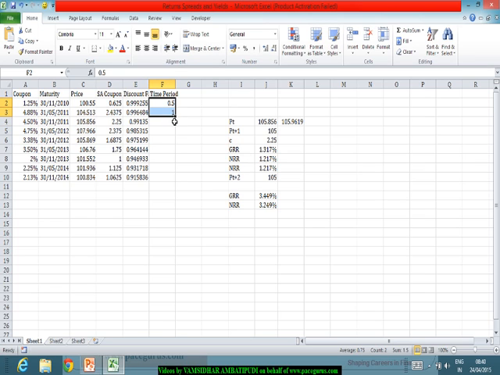These are the time periods associated with each of these periods.